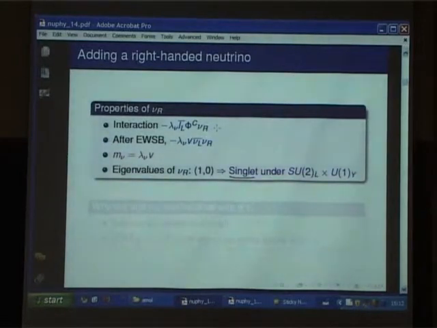This is the distinction between helicity and chirality. My EL is a left chiral object. It doesn't mean that its helicity is always equal to minus 1. So there are two different objects, and I should clarify it at some point.